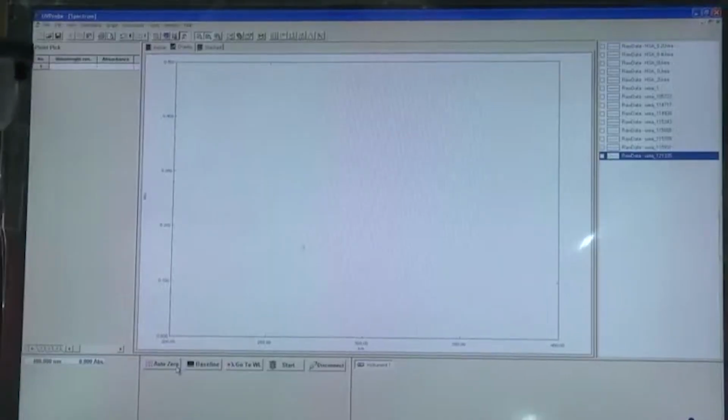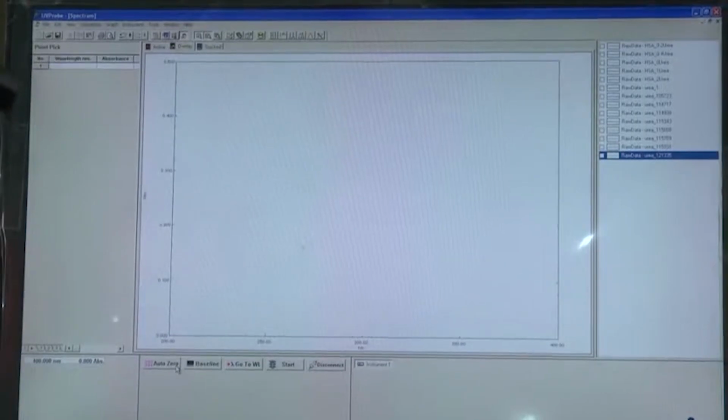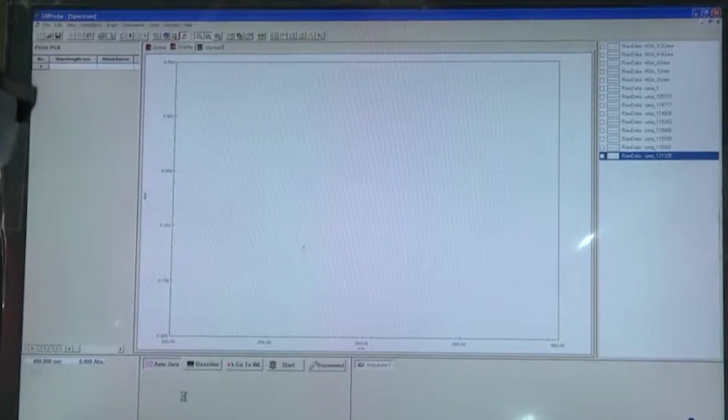We have already done the baseline correction, and now we do the auto zero. In the reference compartment there is only double distilled water. In the sample compartment we have taken HSA solution at 25 degrees centigrade.